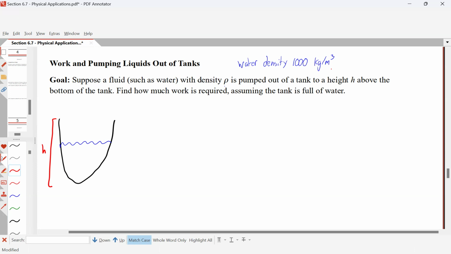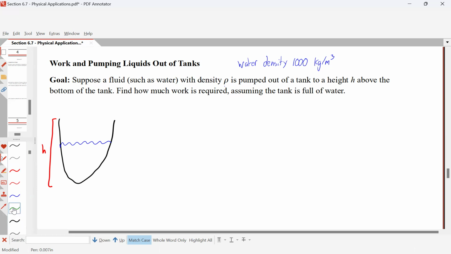Find how much work is required, assuming the tank is full of water. We're going to look at this a little bit more in terms of just the tank has water. Might not be full because the tank doesn't need to be full for this integral to be set up.